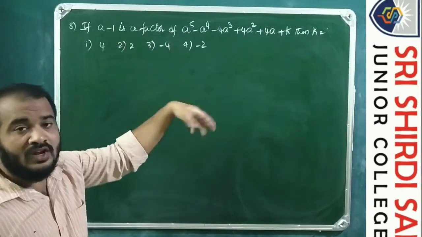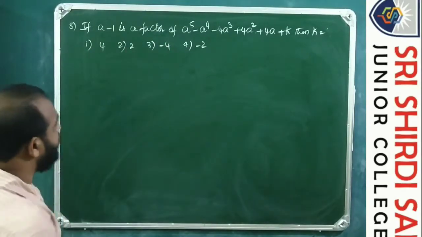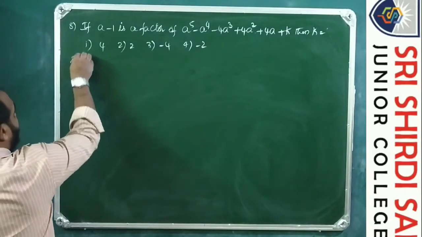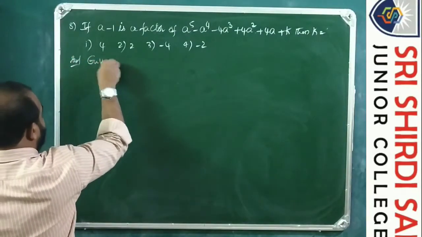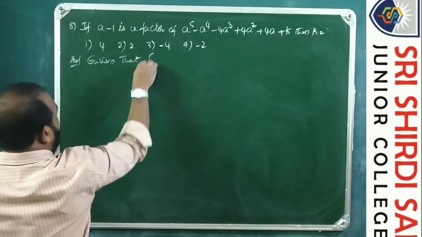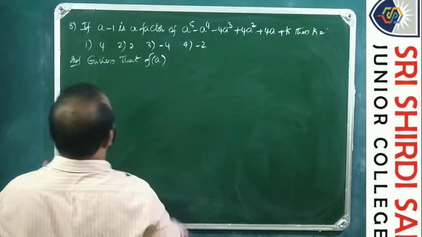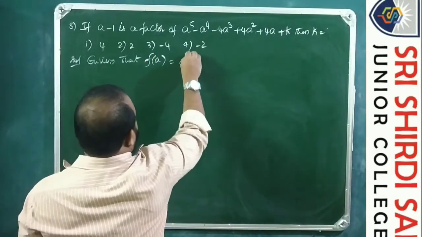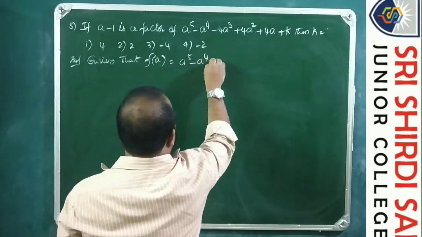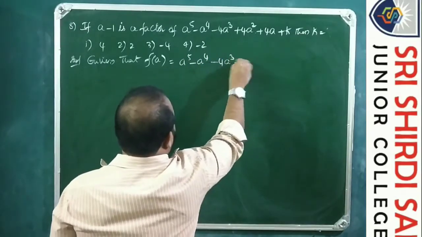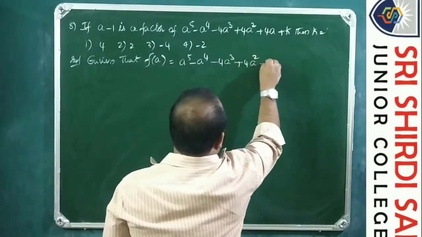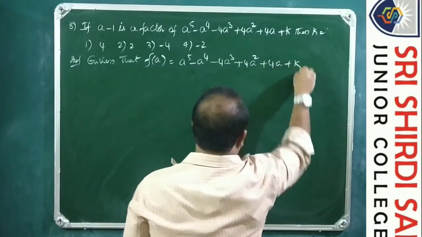When we substitute, the remainder will be 0. So given that f of a is equals to a power 5 minus a power 4 minus 4a cube plus 4a square plus 4a plus k.